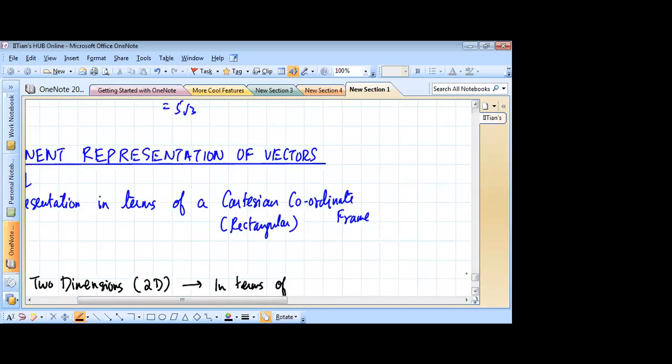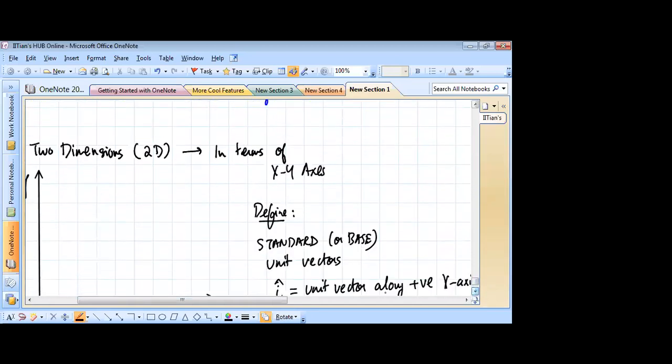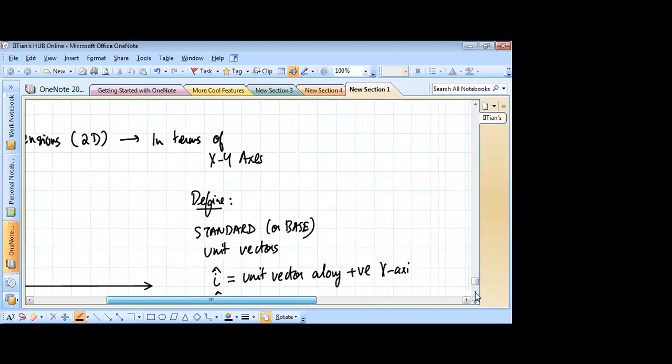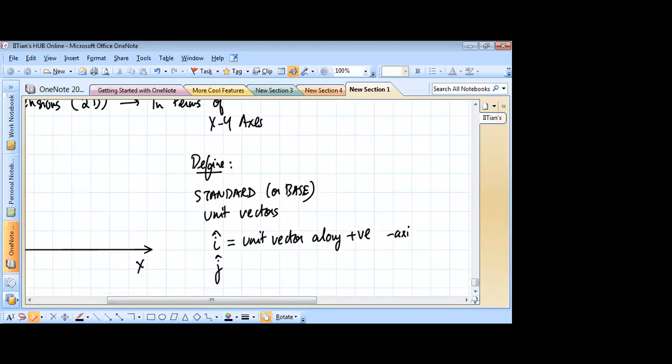That is how we define the I cap. It's a standard notation. We use it everywhere. Whereas this is a unit vector along the positive y-axis.